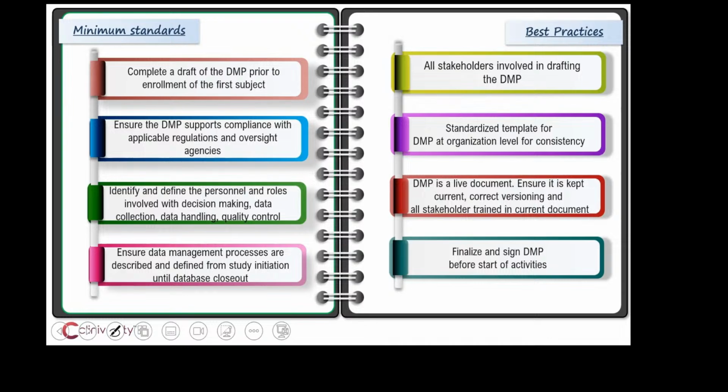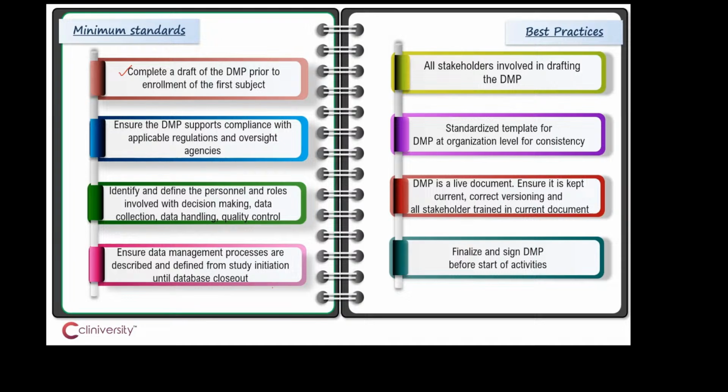By doing this, we ensure that the requisite processes are in place, the screens are developed as per the data quality, ensuring a high quality database release. So, completing the draft DMP before the enrollment of the first subject.